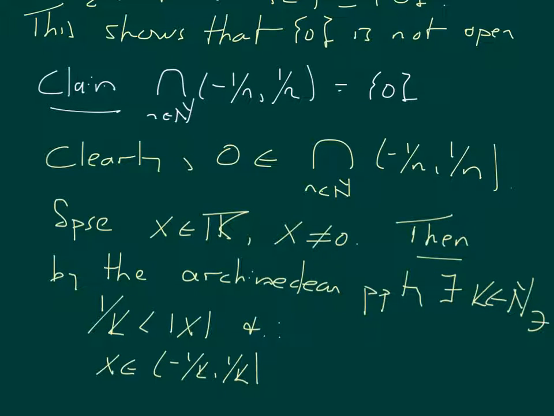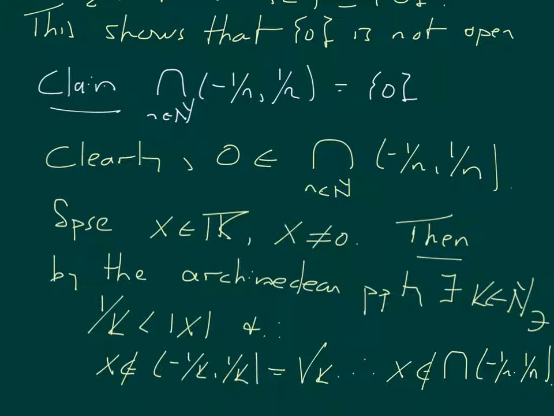If this is true, then x is either bigger than 1 over k or it's less than minus 1 over k, and so we can conclude that x is not in this set here, which is V sub k, and therefore certainly x is not in the intersection of all the (minus 1 over n, 1 over n)'s.